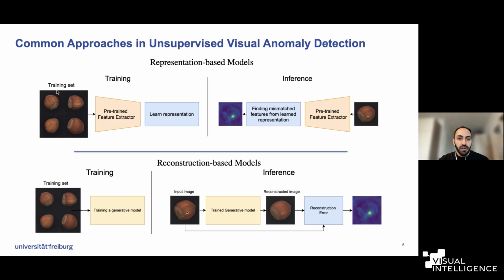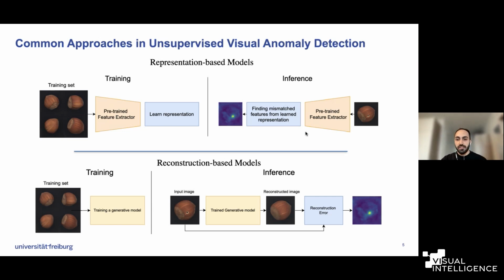We go through our training data set, extract the features, and there are many different approaches out there that try to learn this representation. This learned representation is based only on the normal behavior, the definition of normality that comes from our training data set. During inference, we have an anomalous image or faulty input.